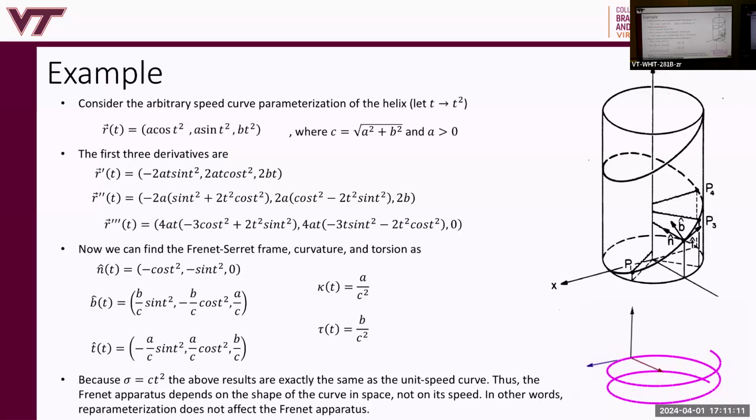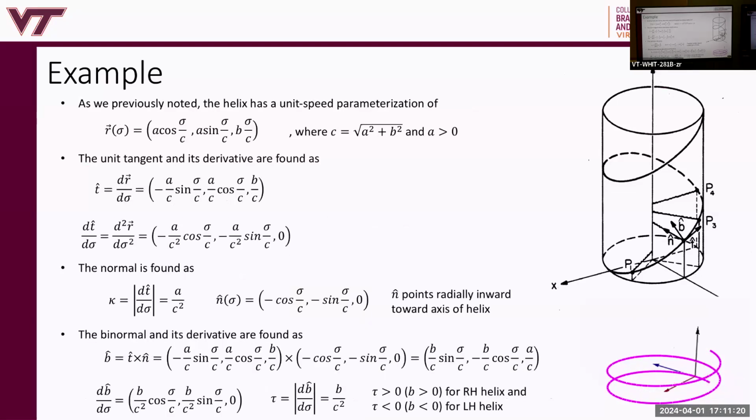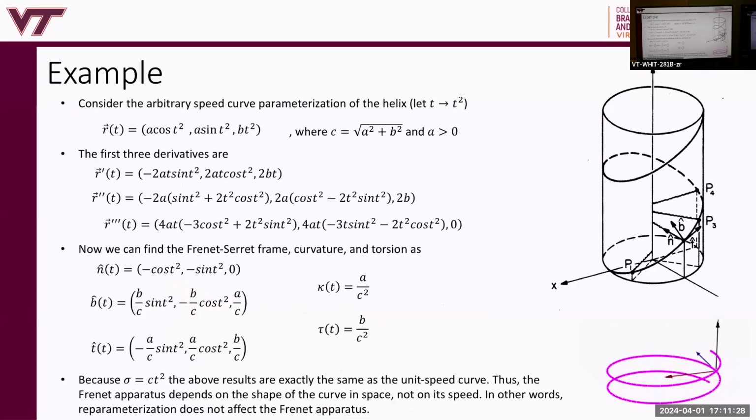All right. And then we get kappa and tau. So if we compare this to our previous example, where we did everything in terms of sigma, remember for sigma, we found a over c squared for kappa and b over c squared for tau. And look here, we find the same thing, right? And then we look back at the curve.